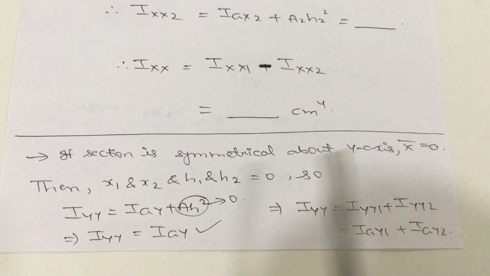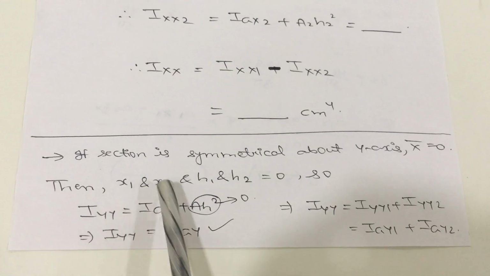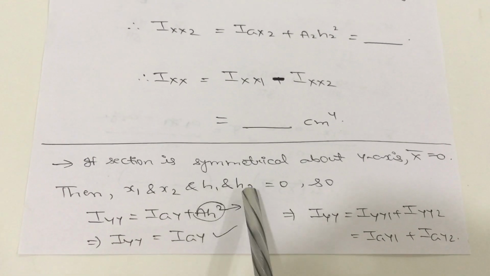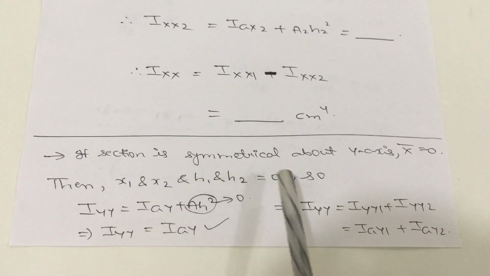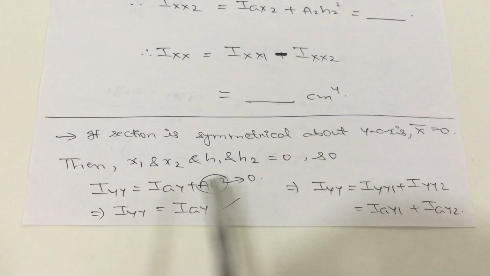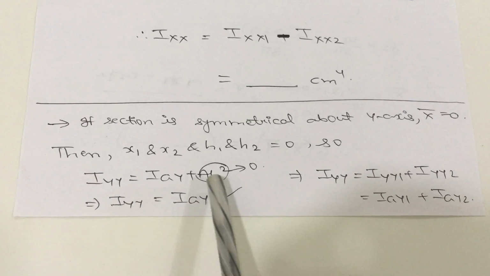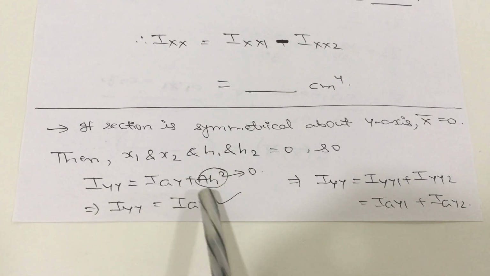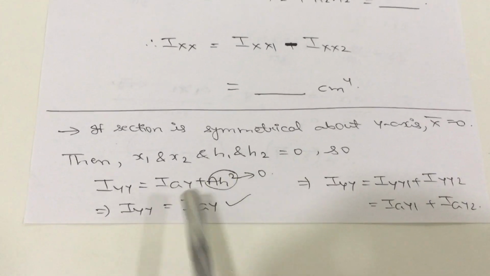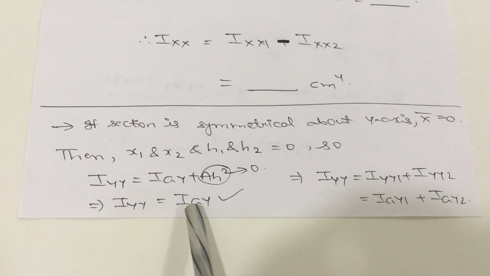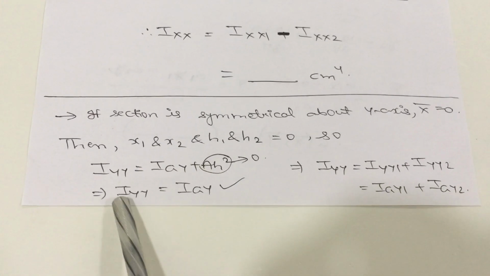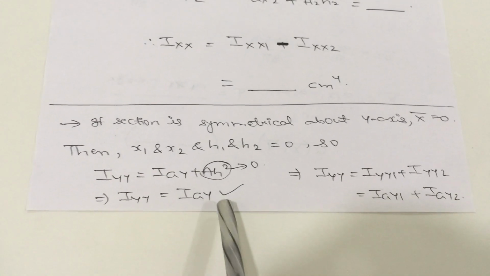When x bar is equal to 0, x1 and x2 and h1 and h2 in terms of the x distance are also 0. So in the parallel axis theorem formula, when h is equal to 0, we will get this complete term as 0. So we get the final formula from the parallel axis theorem as Iyy is equal to Igy.